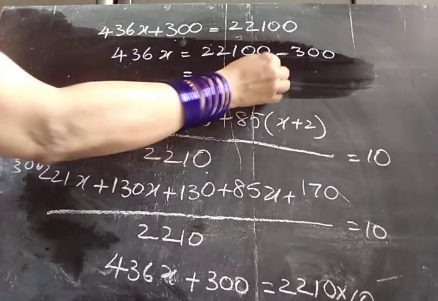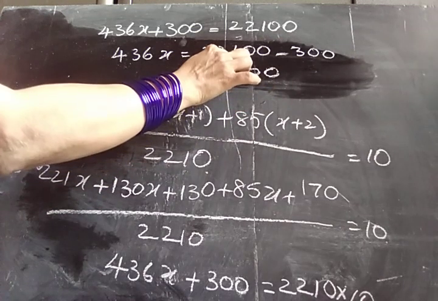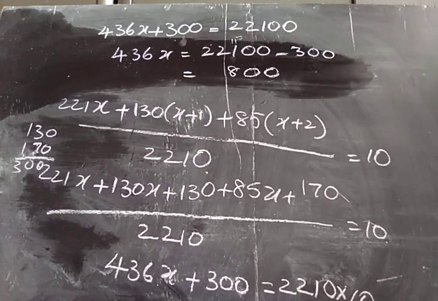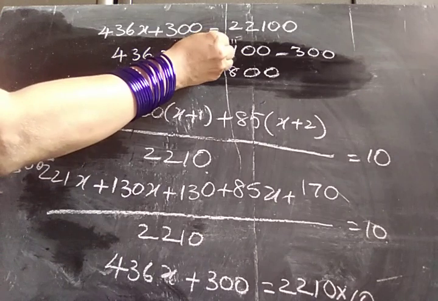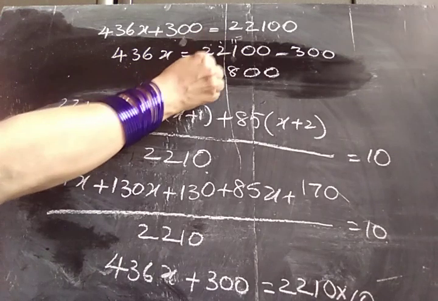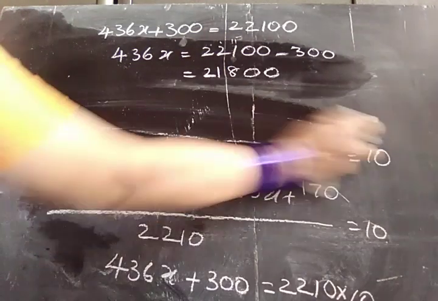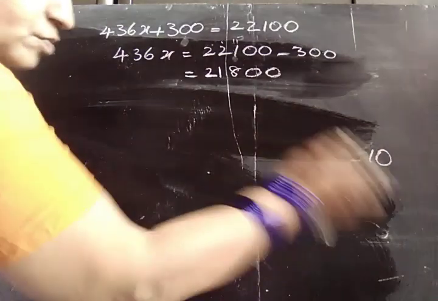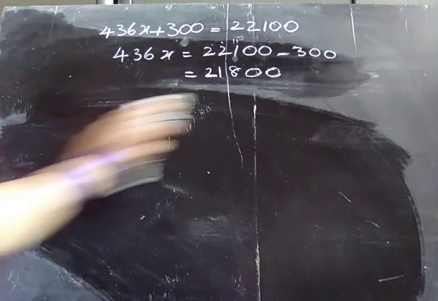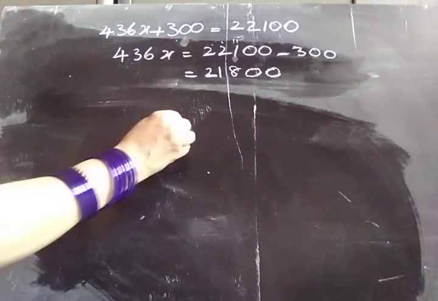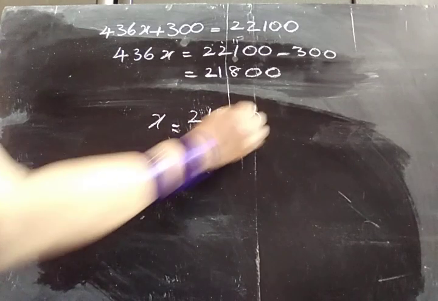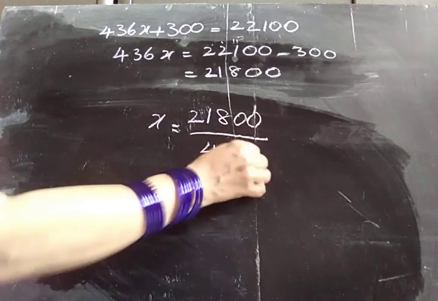Here 11 minus 3, 8. So 21,800. x is equal to 21,800 by 436.